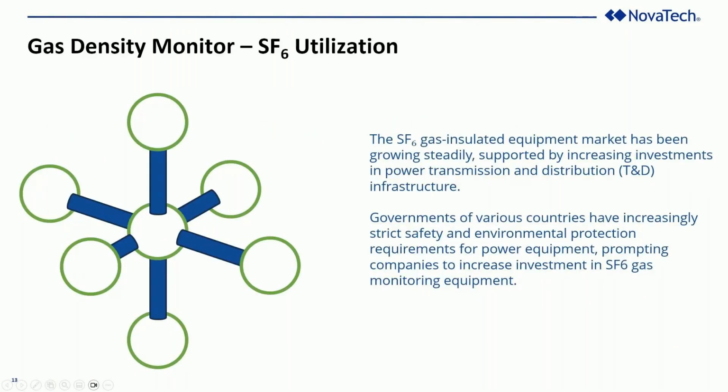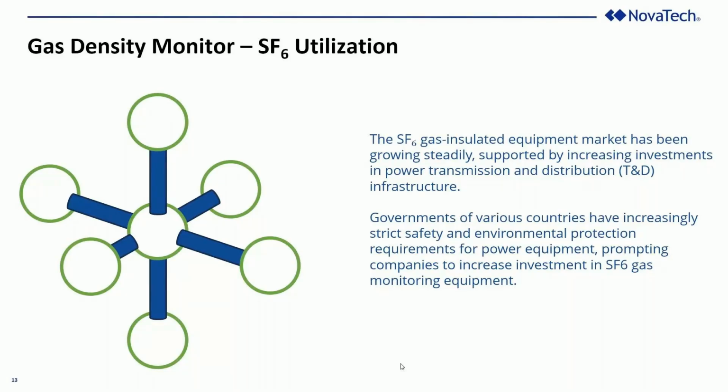SF6 is pretty prevalent in the power industry to maintain insulation for circuit breakers and transformers, and its use is growing steadily.